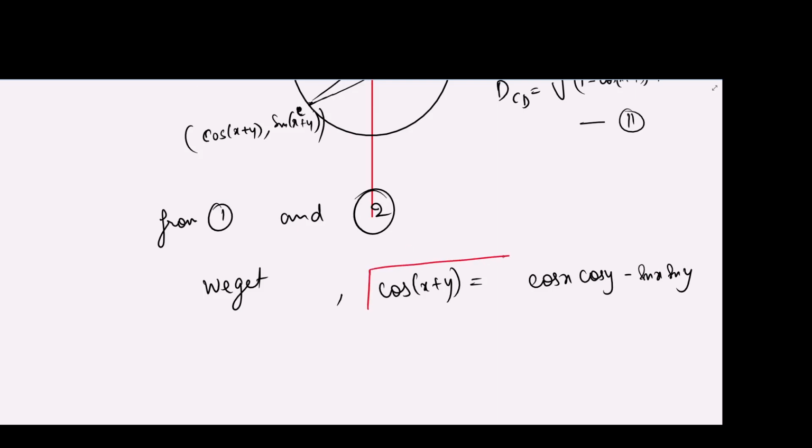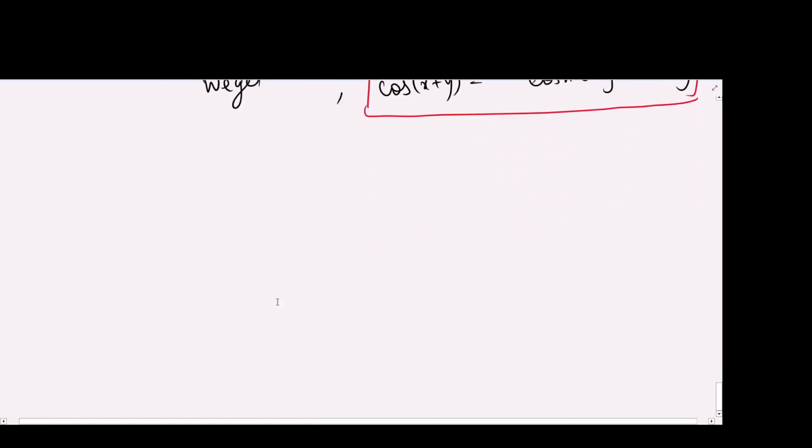So this is the identity we obtain. So we can say that cos x plus y is equal to cos x cos y minus sin x sin y.